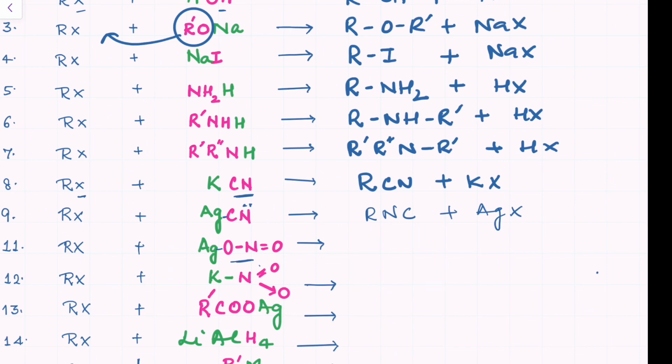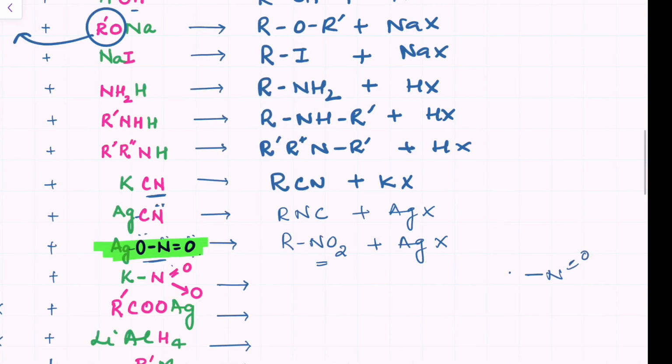Again in case of AgNO2, the attachment is covalent. So the lone pair of nitrogen as well as the lone pair of oxygen in AgNO2 are both available. But nitrogen being less electronegative, the attachment takes place from N. So what you get is RNO2 plus AgX. In the second one, KNO2, we get an ambident nucleophile.